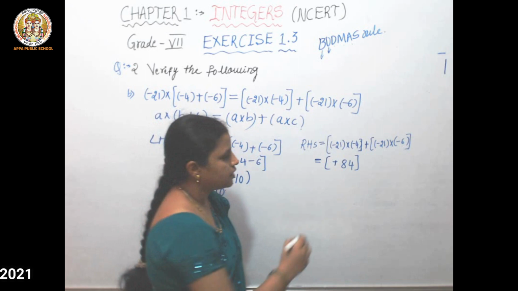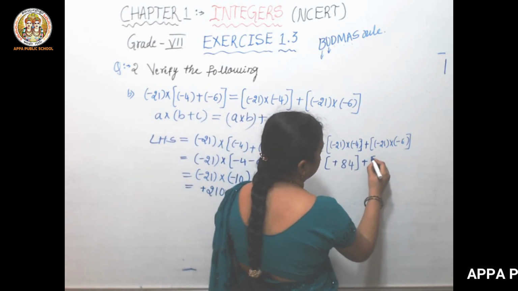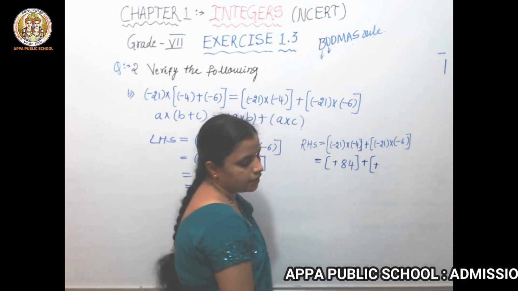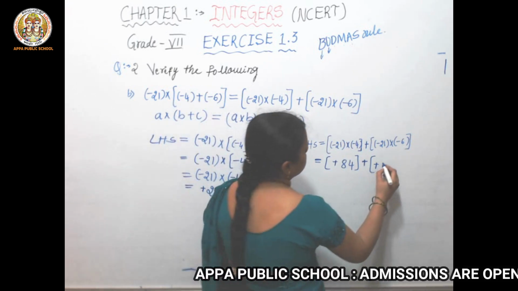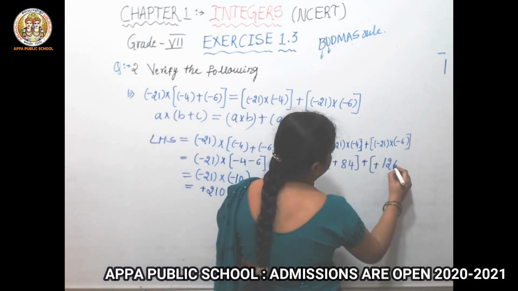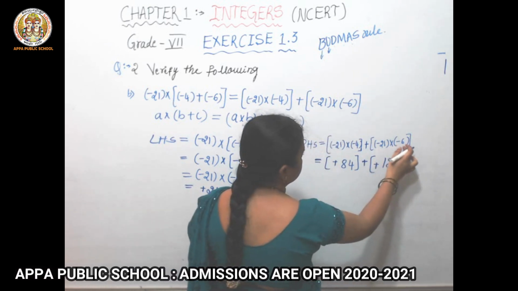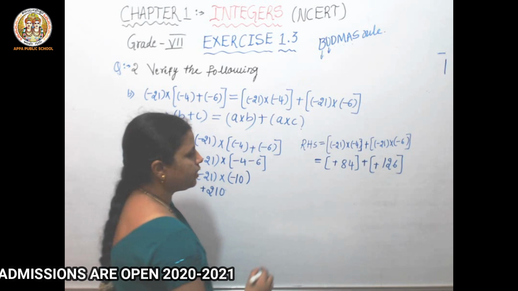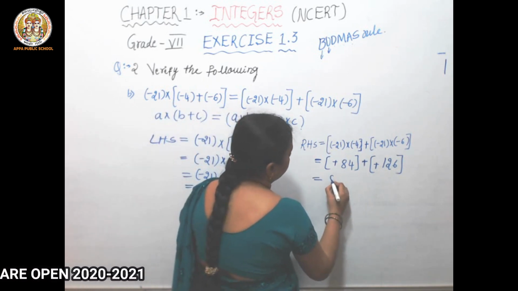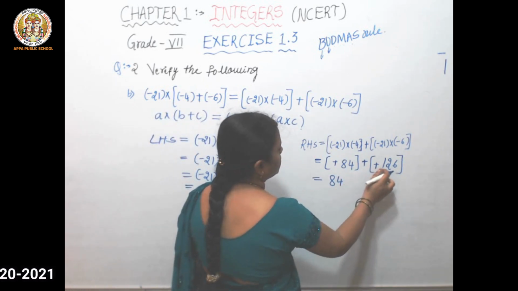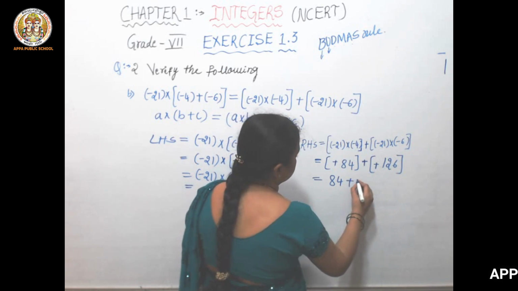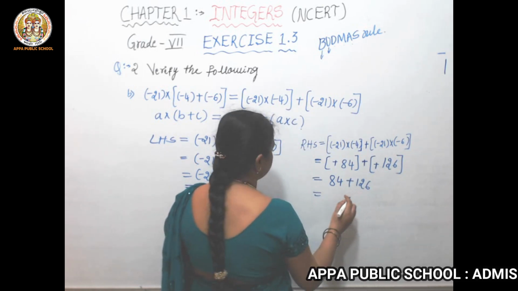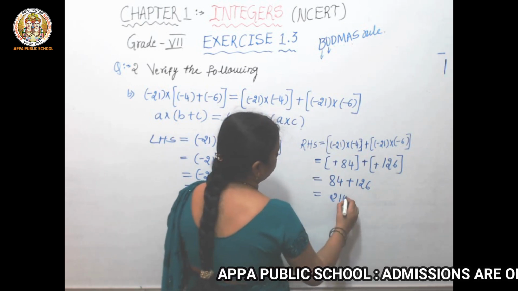Clear? And this plus as it is. Now minus into minus is plus, 21 into 6 is 126. 6 ones are 6, 6 twos are 12. Now 84 as it is, plus 126. 84 plus 126 is 210.